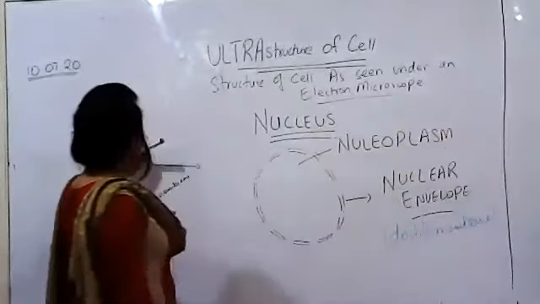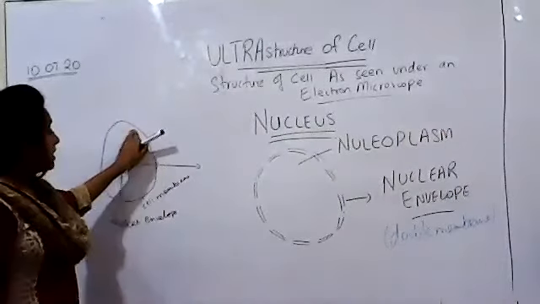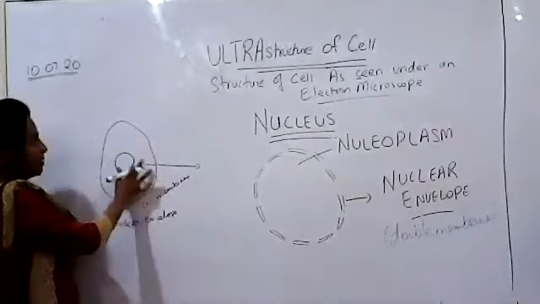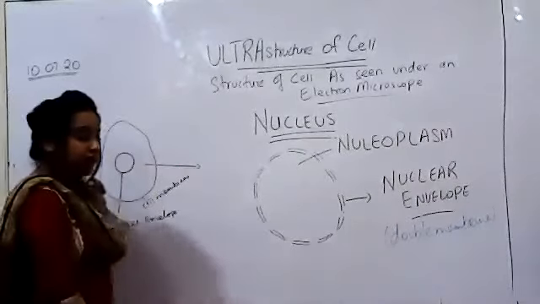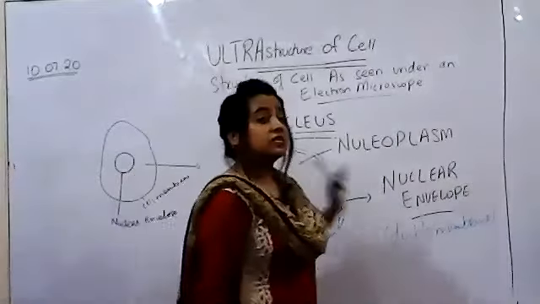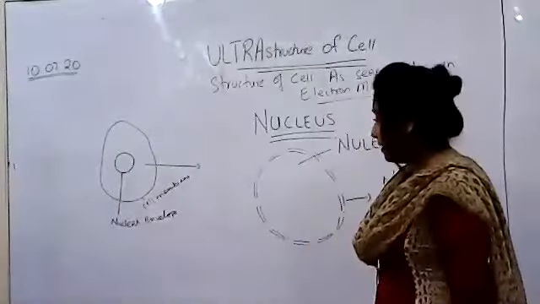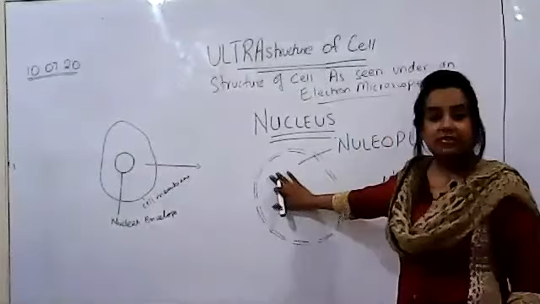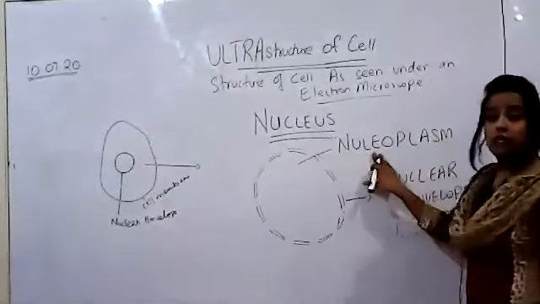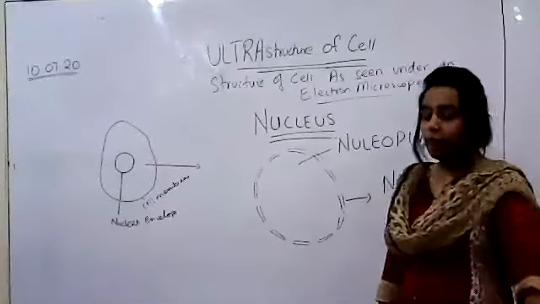Just like you had cytoplasm, the area from the cell membrane till the nuclear envelope, where cytoplasm is contained. But within the boundary of the nuclear envelope, you will not call it cytoplasm. Now you will call it what? Nucleoplasm.